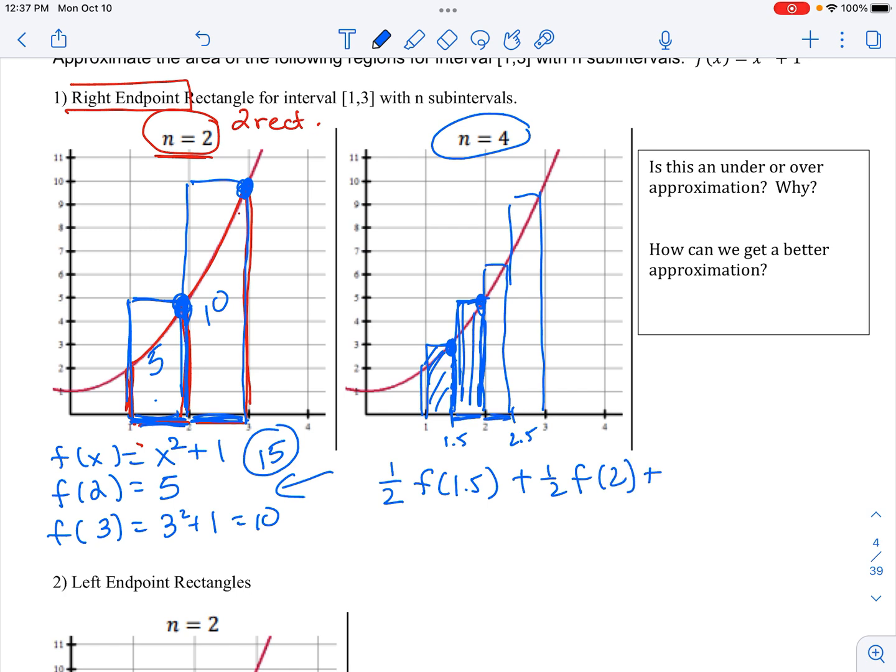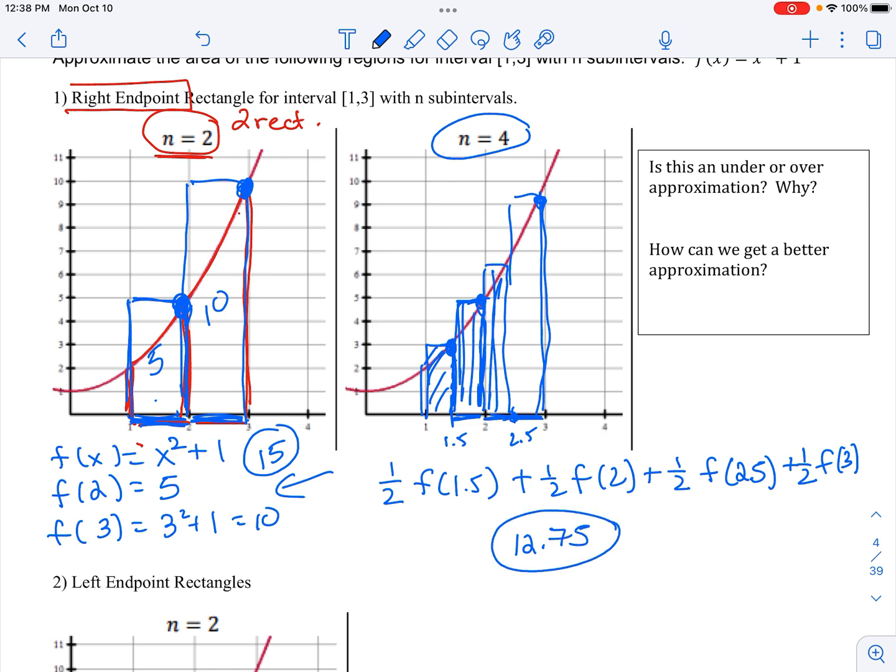The next rectangle, width is 1/2 still, but the height hits it at f of 2.5. And the last rectangle, width is still 1/2, but notice the y value is going to hit it at 3, so it would be f of 3. And you can go ahead and use your calculator to do all this. It ends up being 12.75.